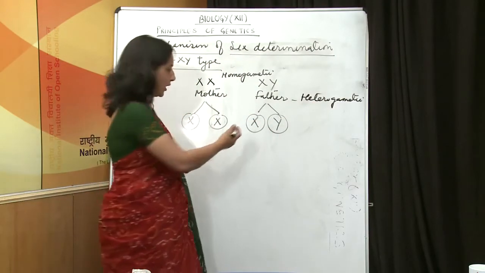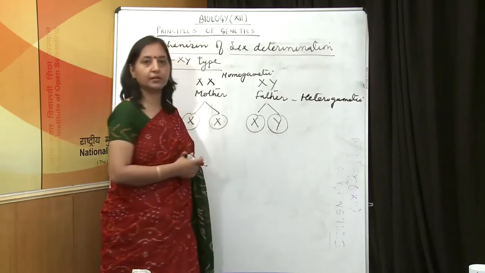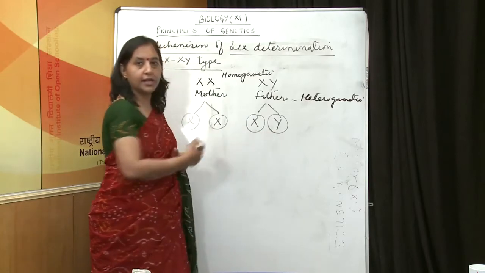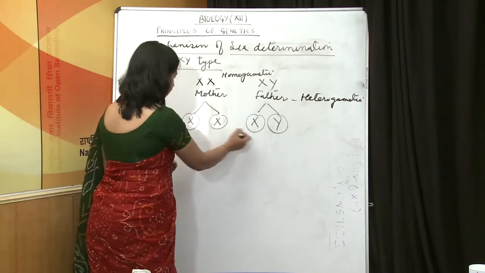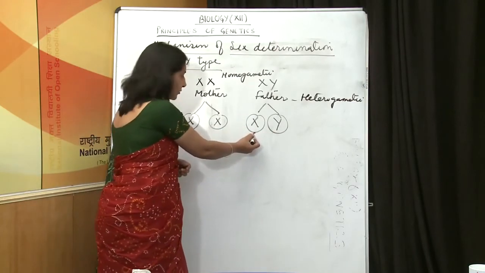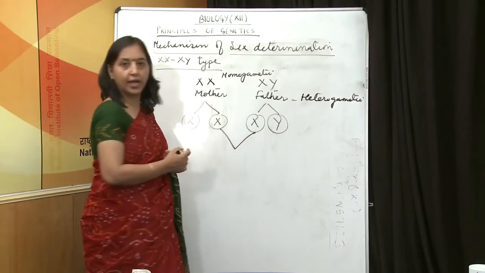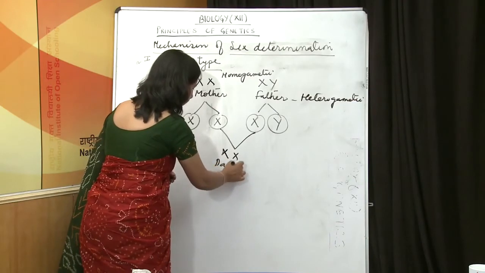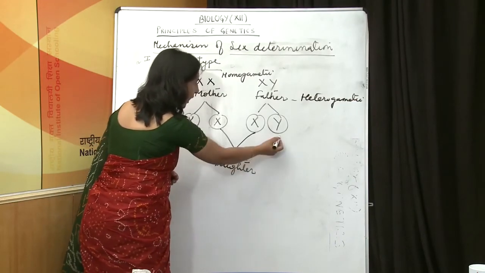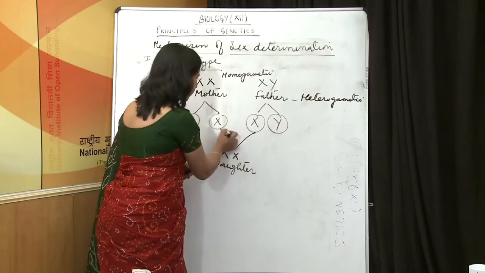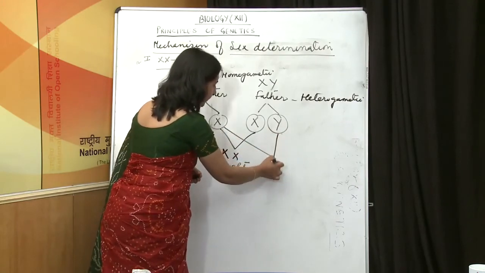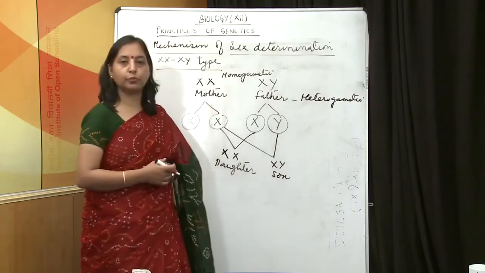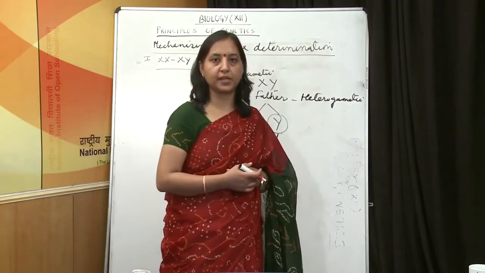When fertilization takes place, if a sperm carrying the X chromosome fertilizes an egg, the daughter is born, and if a sperm carrying the Y chromosome fertilizes the egg, the genotype would be XY and the progeny would be a son.